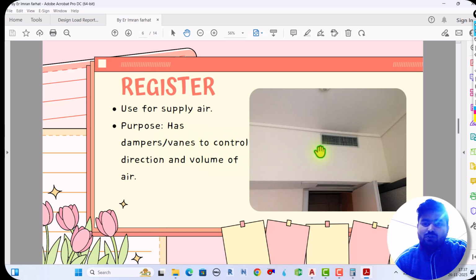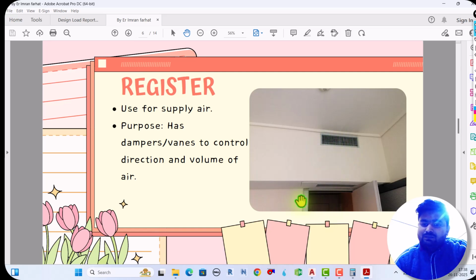Okay, so see, this looks the same as a grille, but on the back side of this register a damper is given, a volume control damper, to control the direction and volume of air. Okay, we can use this where the ceiling is bulkhead type.